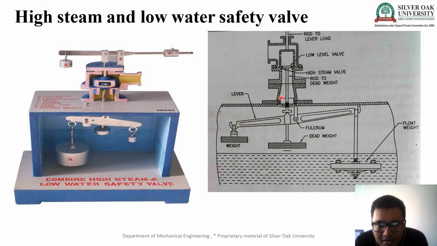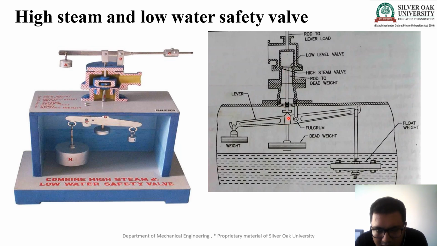Then what happens? This pivot or fulcrum applies the force in the upward direction. If this lever goes down and turns in this direction, then the pointer provides force in the upward direction.